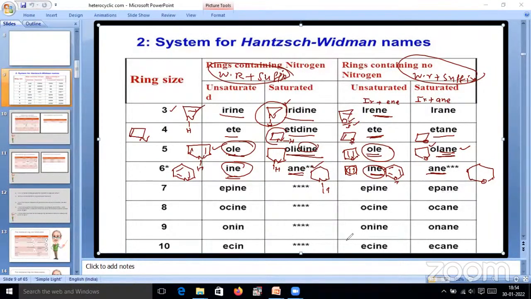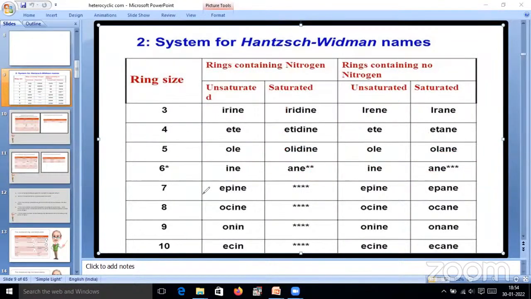So this is, suppose 7-membered system, 8-membered, 9-membered and 10-membered system. These are unstable compounds. So in all of these, only the two systems, that is 5-membered and 6-membered, these two are most important according to examination point.